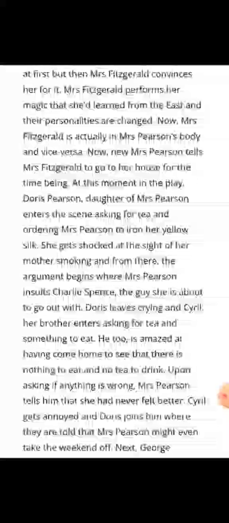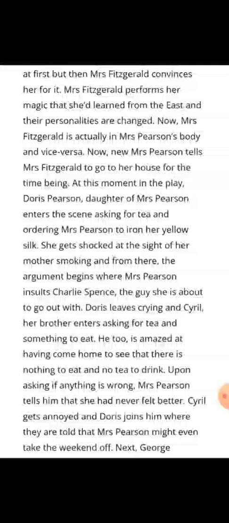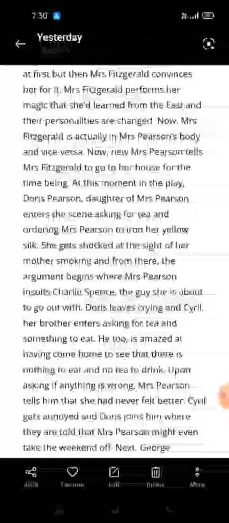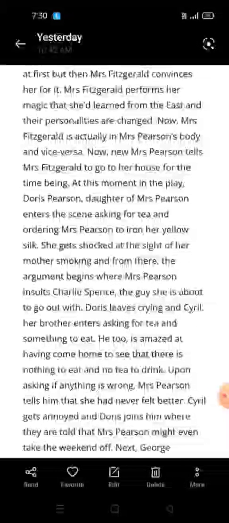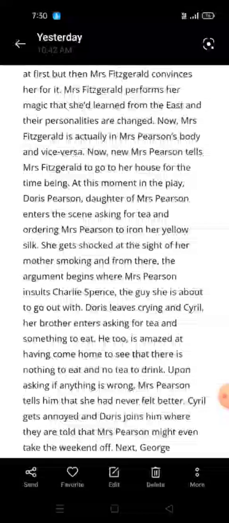So when she gets the negative answer, meanwhile her son Cyril came back home. Even Cyril received the same behavior as his sister. Cyril was very shocked that their mother was smoking and behaving differently, which was not expected.